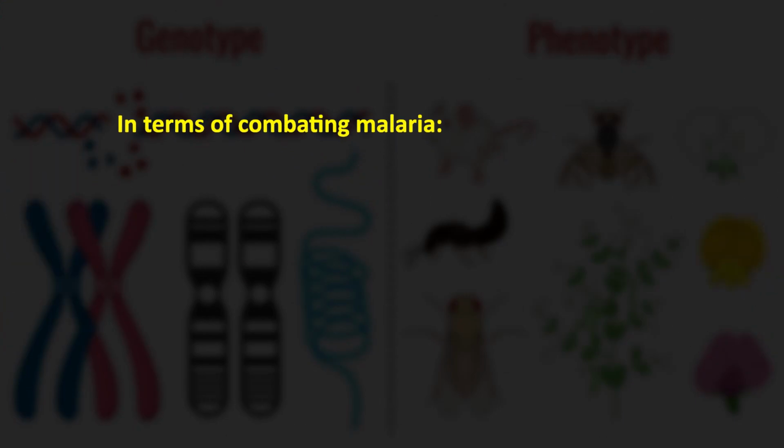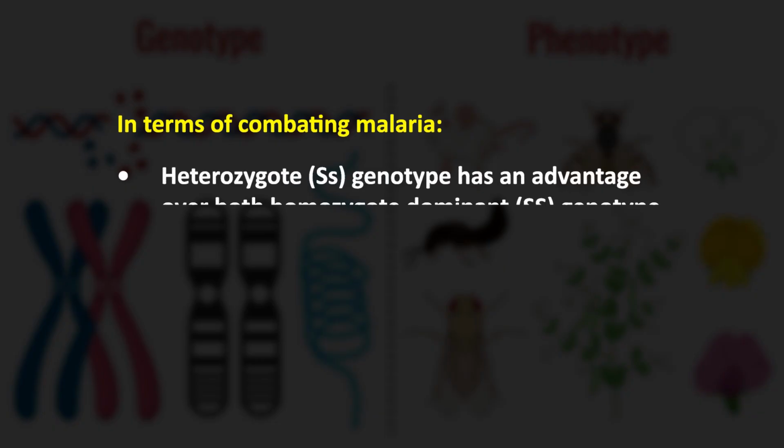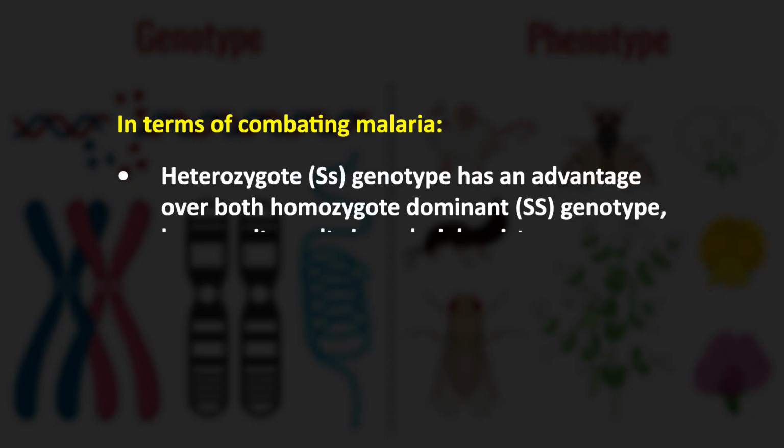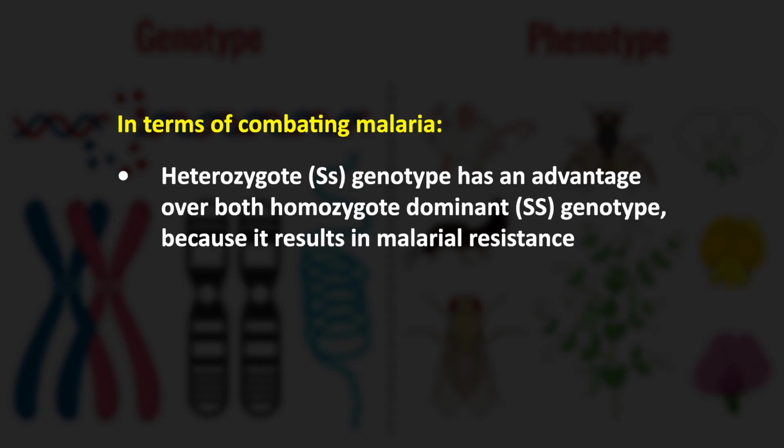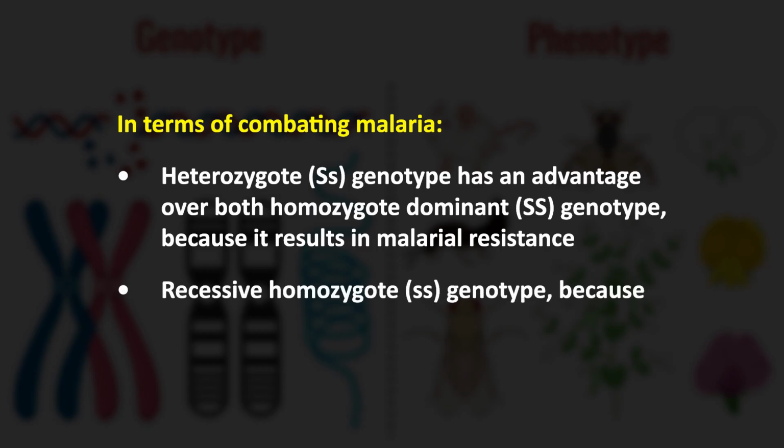In terms of combating malaria, the heterozygote, that is capital S small s genotype, has an advantage over both the homozygote dominant capital S genotype, because it results in malarial resistance, and the small s recessive homozygote genotype, because it does not cause sickling crisis. This complex example of overdominance may be the sole reason that the allele persists in the human population even today.